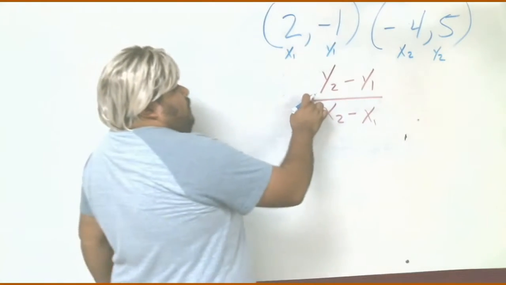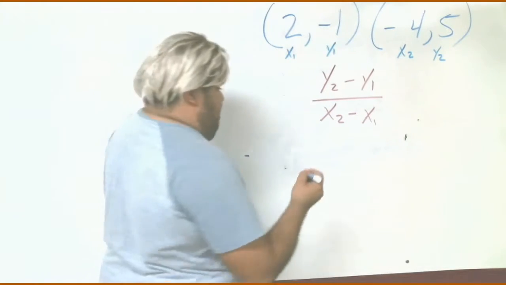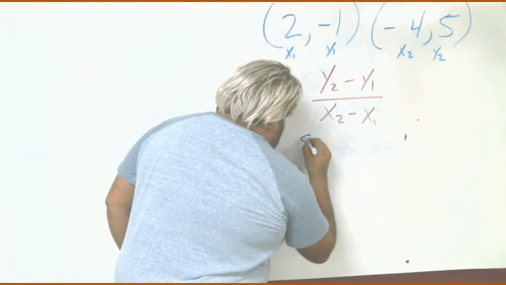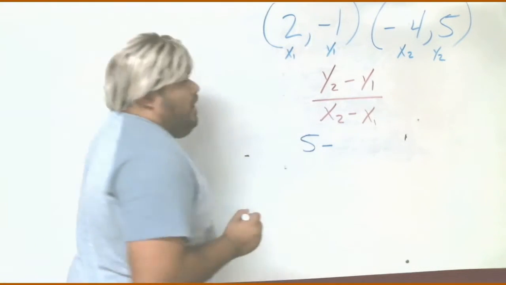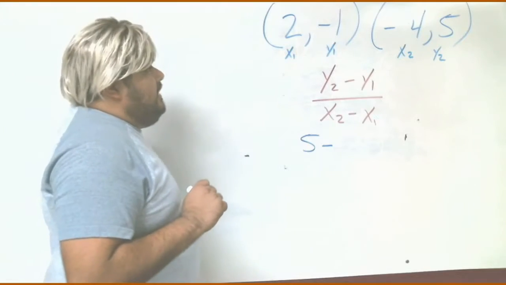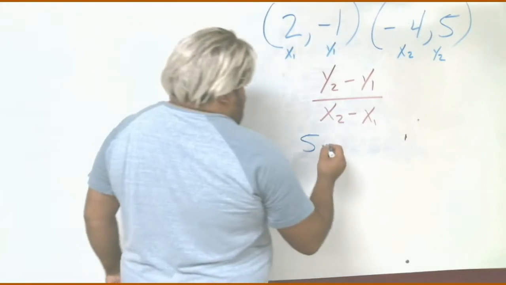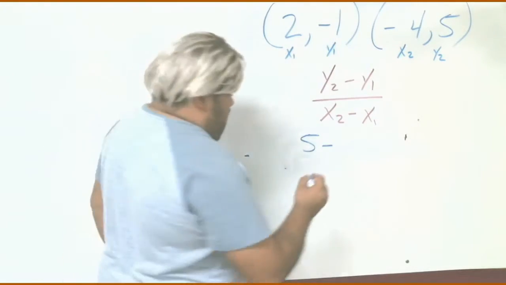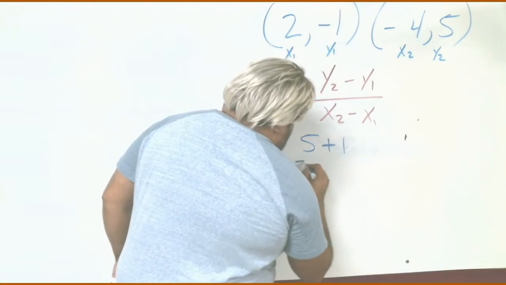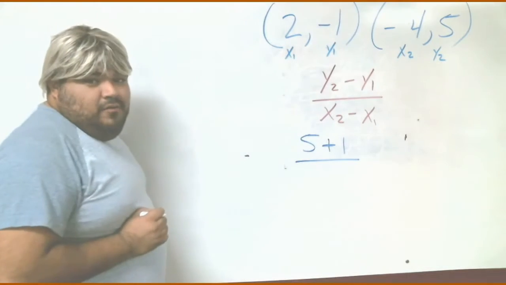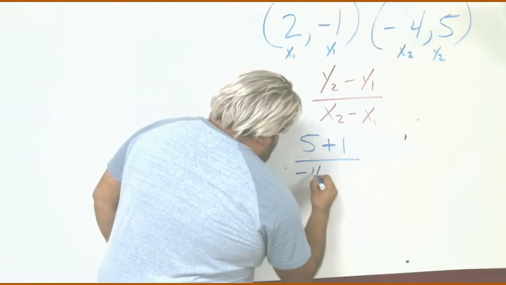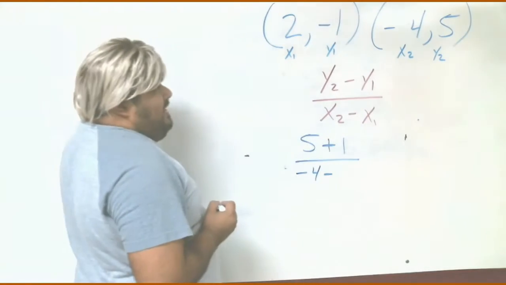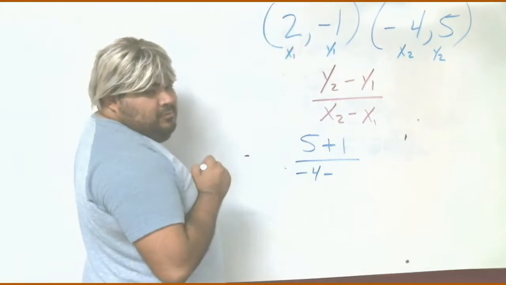So we can plug it into the equation. We have y2, which in this case is 5. We have 5 minus y1, which in this case is positive because of -1, so it's plus 1, over x2, which is -4, minus 2.